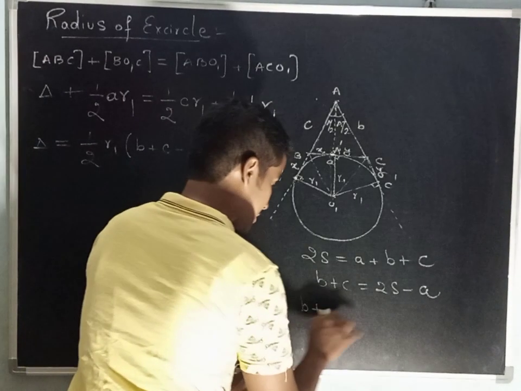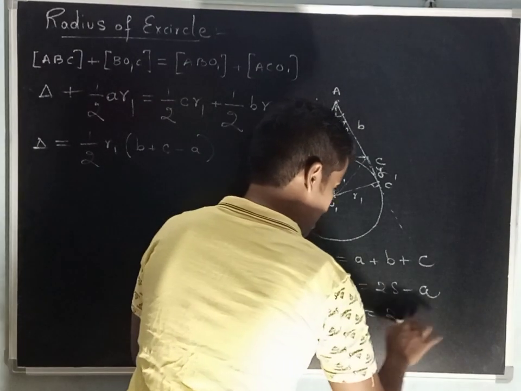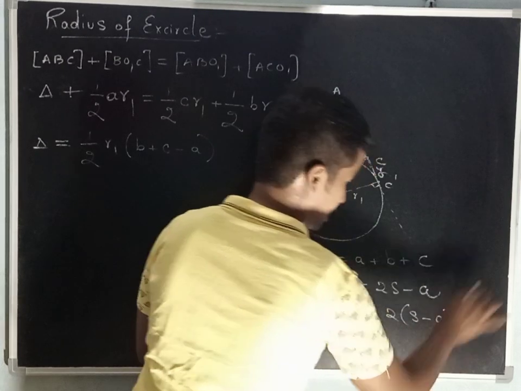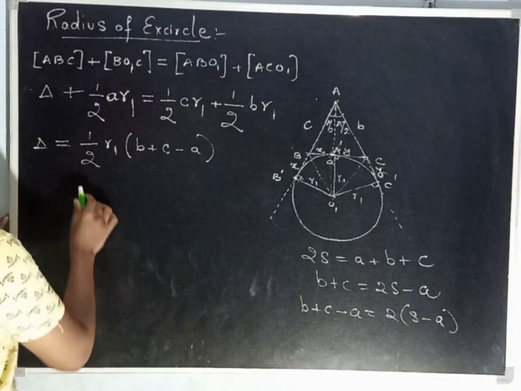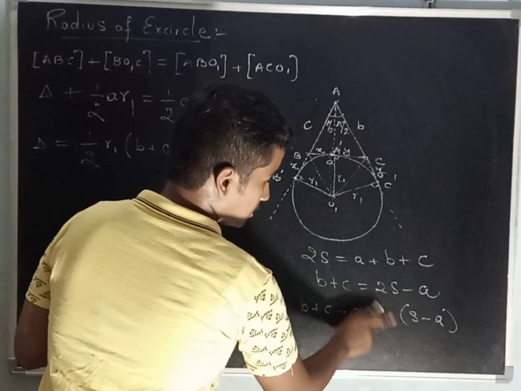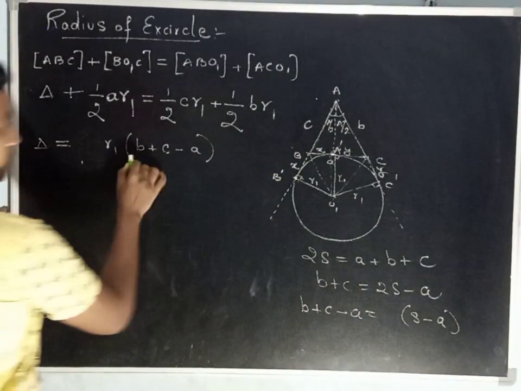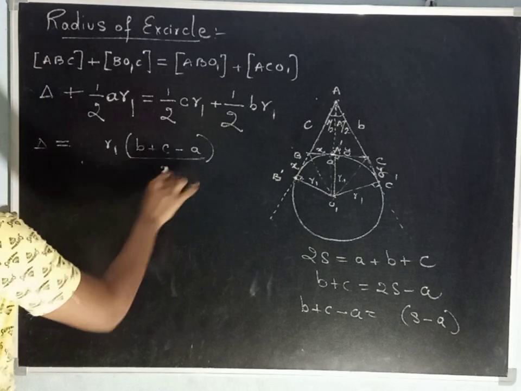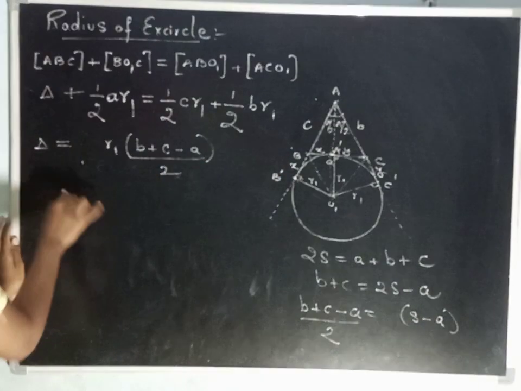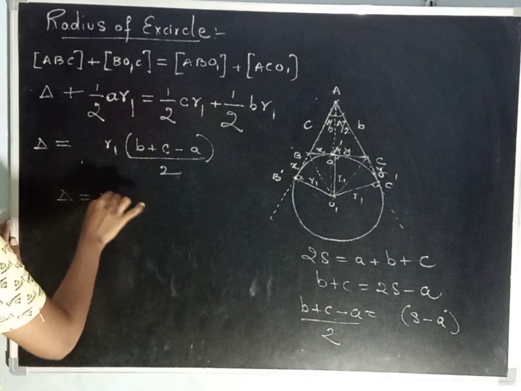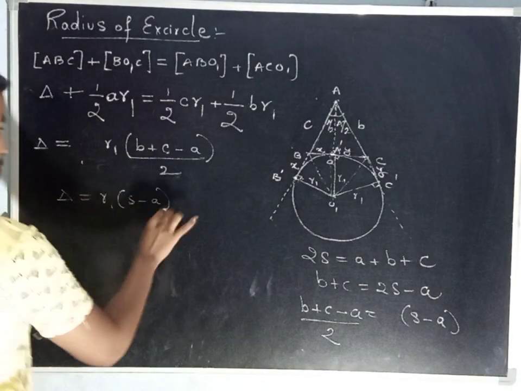And B plus C minus A can be written as 2 into S minus A. Let me put this value here. Half into B plus C minus A, by 2, is nothing but S minus A. Area of triangle is equal to R1 into S minus A.